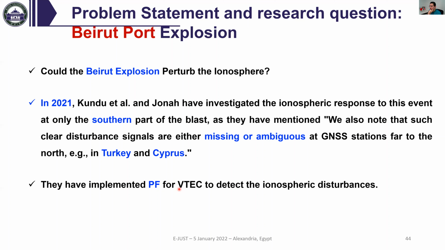So we focus on STEC, the pure value, slanted total electron content, to study the ionospheric variation in this study.